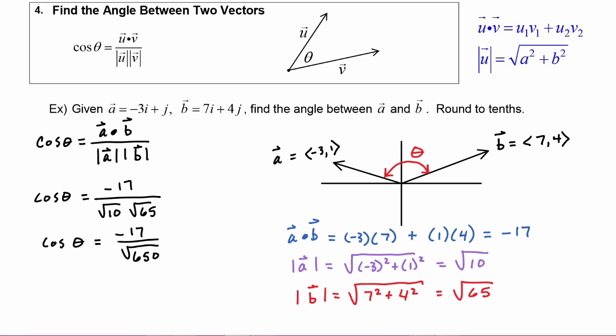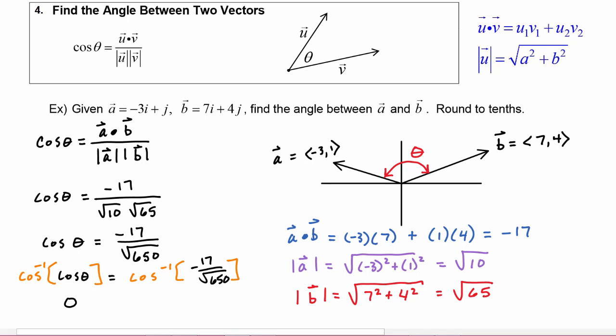We have to take the cosine inverse of both sides. So we have the cosine inverse of cosine theta has to equal the cosine inverse of negative 17 divided by radical 650.